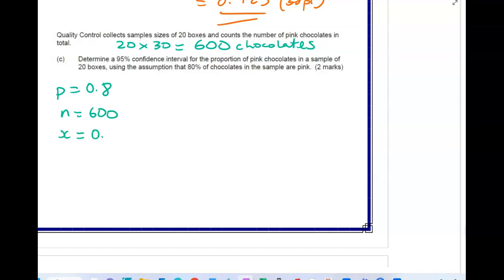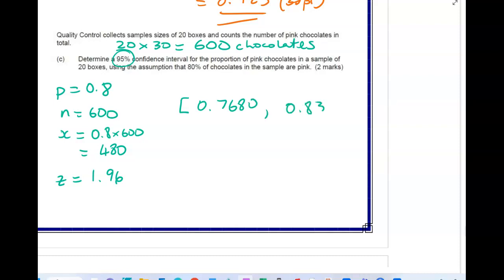Well, 80% of 600 is going to be 480. And your Z-score at the 95% level, we should know that now. 1.960. All right, so doing that, either E activity or what have you, I'm getting these figures.